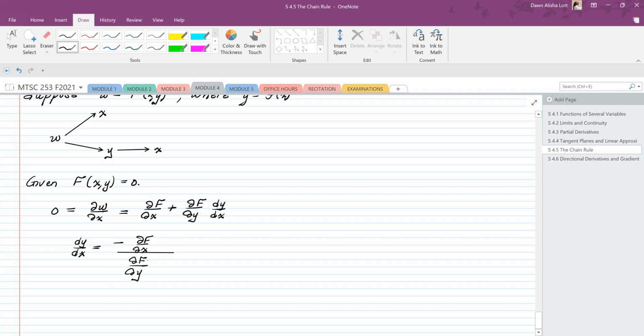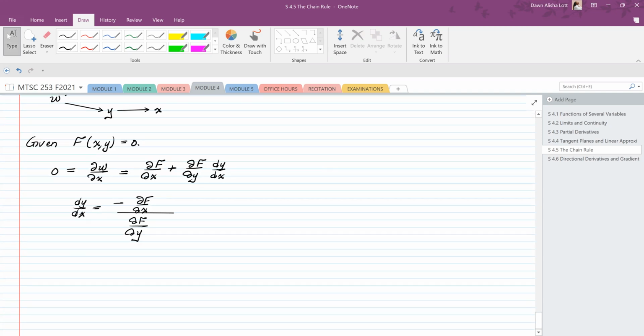Now we've done that before. So here's an example. We have e to the x over y plus the log of y over x plus 15 is equal to 0.